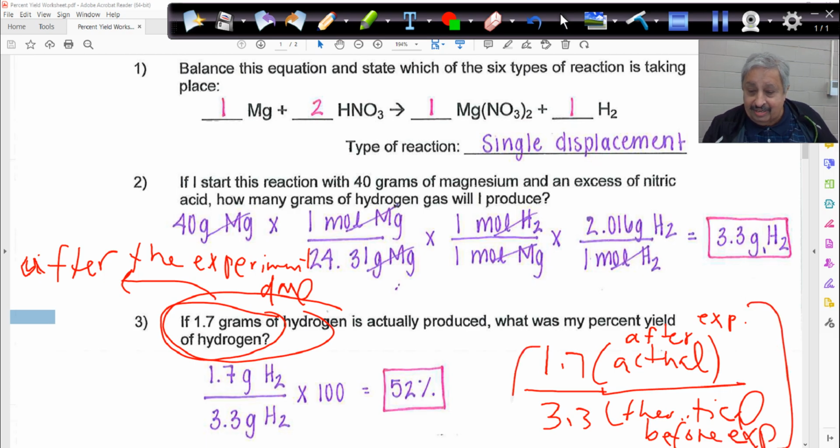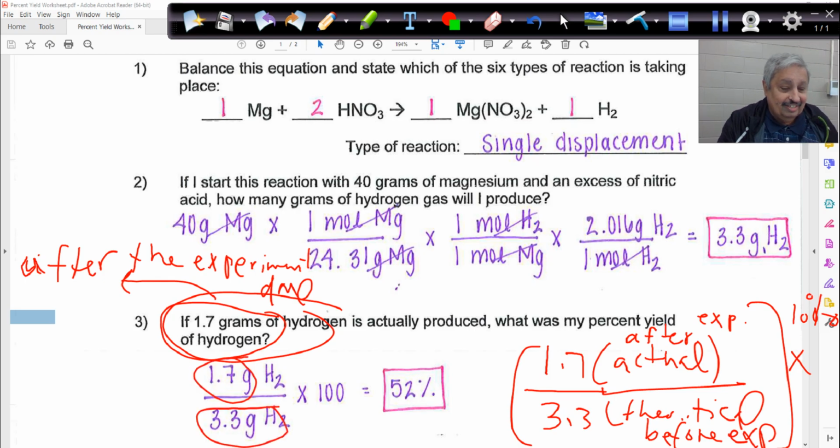And the whole thing is multiplied by 100%. And that's what they did. So this actual over this theoretical, gram with gram cancels out, and multiplied by 100 we get 52%.